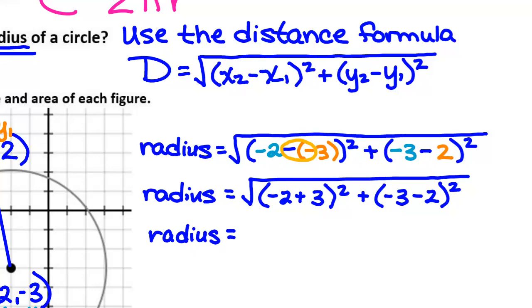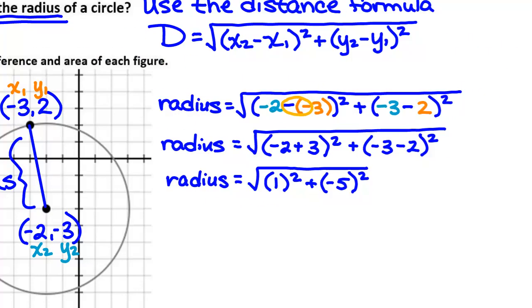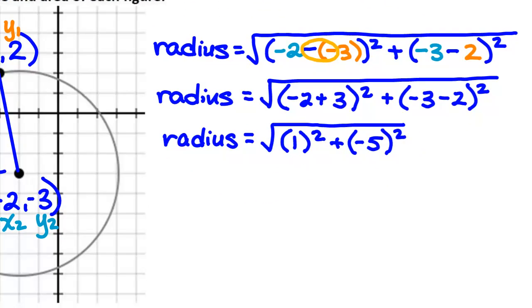What is -2 plus 3? 1. So I have 1 squared plus, what is -3 minus 2? -5. So I have 1 squared plus -5 squared. What is 1 squared? Just 1.